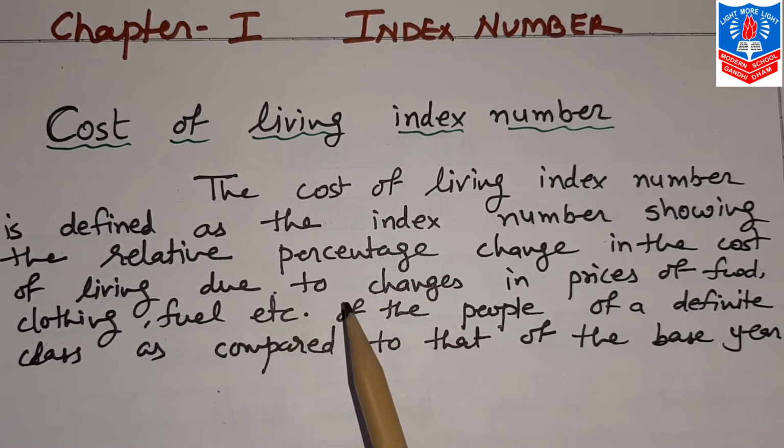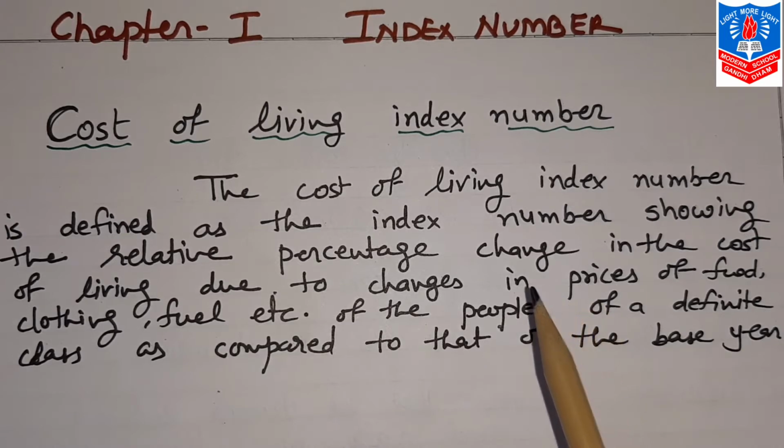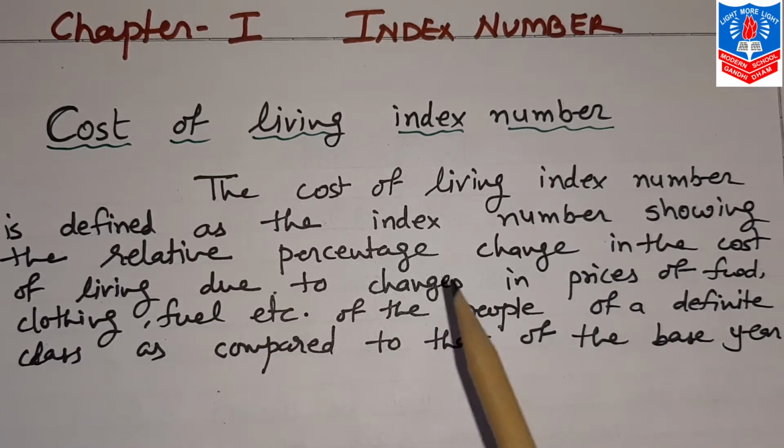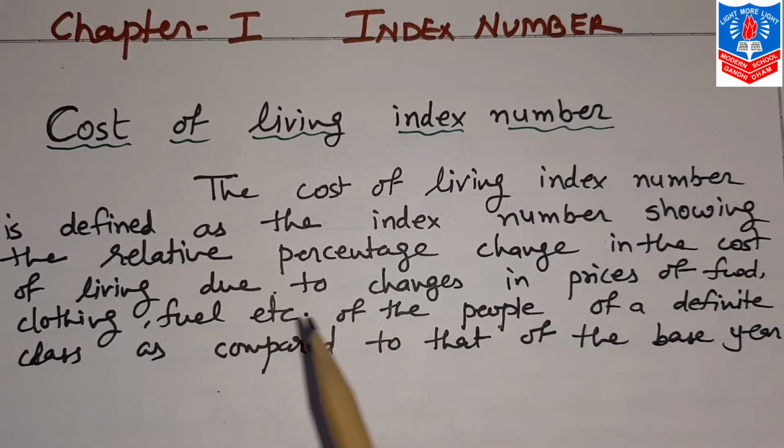Now here we have divided this total cost into 5 main groups like food, clothing, fuel, house rent and miscellaneous. So this cost of living changes due to change in the prices of these groups, because you know prices don't remain the same, they change from time to time.